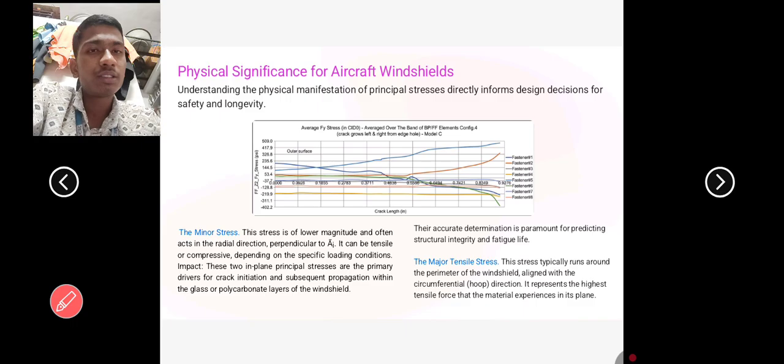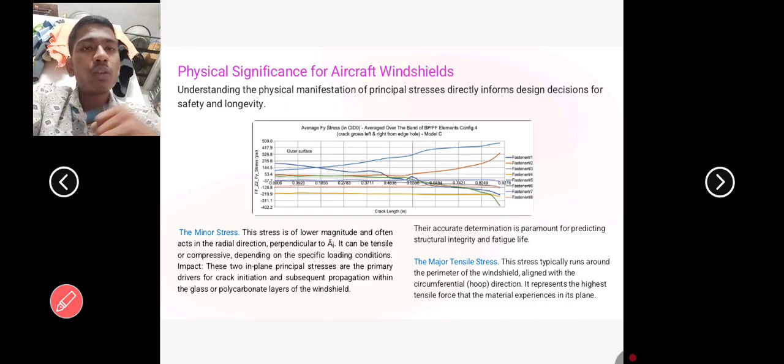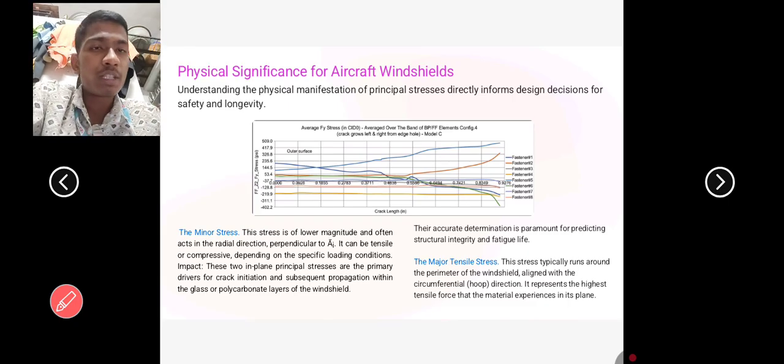The minor stresses and the major stresses. Minor stresses are of lower magnitude and often act in the radial direction, perpendicular to sigma 1. They can be tensile or compressive depending on the specific loading condition.